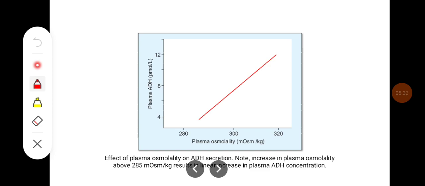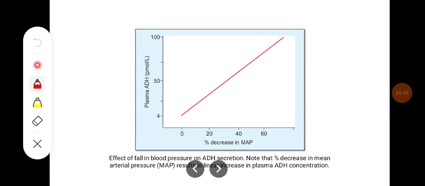This is the relation between plasma osmolarity and the ADH. Okay, you can see there is a linear relationship between the plasma osmolarity and the secretion of the ADH. This diagram shows there is a linear relation between the fall of blood pressure and the ADH. As blood pressure falls, there is a gradual rise in the plasma levels.